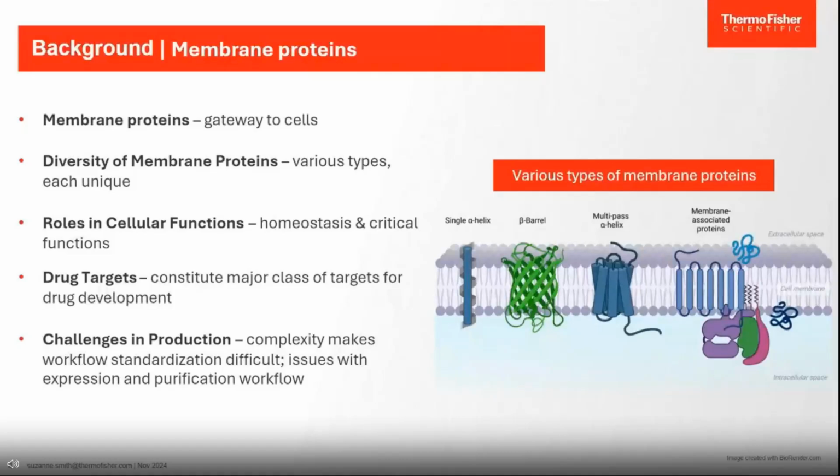So membrane proteins are very important as they serve as gateways to cells, and they play vital roles in various cellular processes. They are a diverse group, enabling them to maintain cellular homeostasis and perform critical functions. Understanding membrane proteins is key to advancing cellular biology and developing innovative biopharmaceuticals. They are prime targets for drug development.